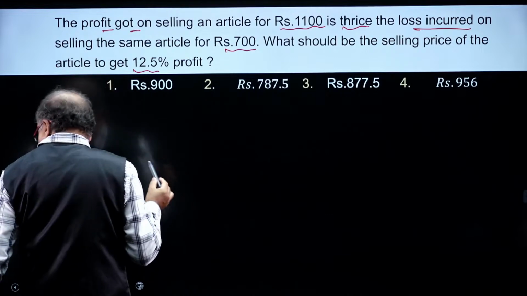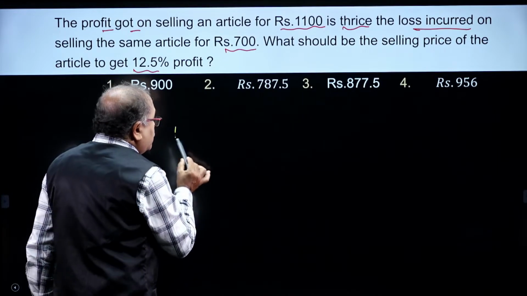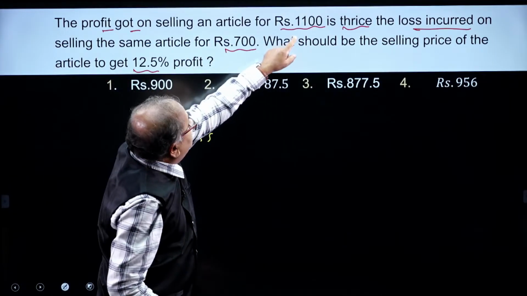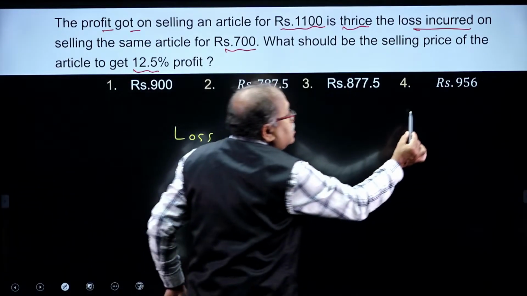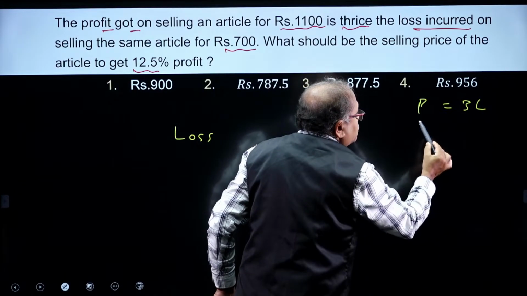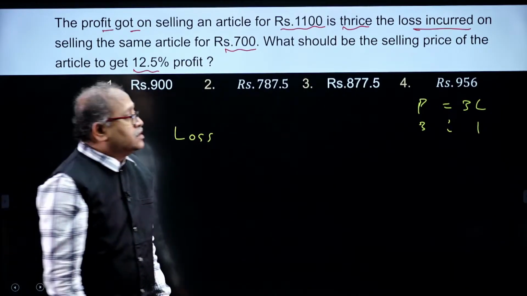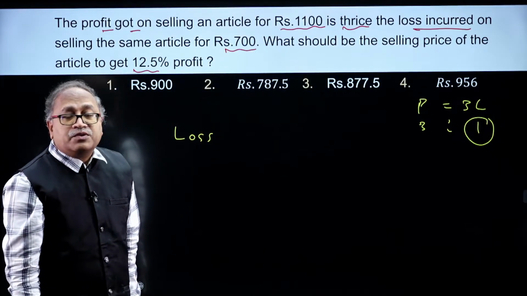How do you get the loss over here? The profit is 3 times of loss. So, profit is equal to 3 times of loss. So, profit to loss is 3 is to 1. Can I get this 1 part loss? How do I get the 1 part loss?